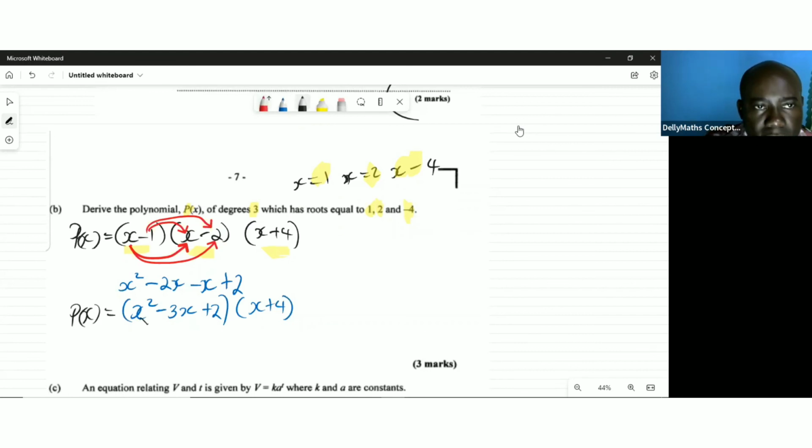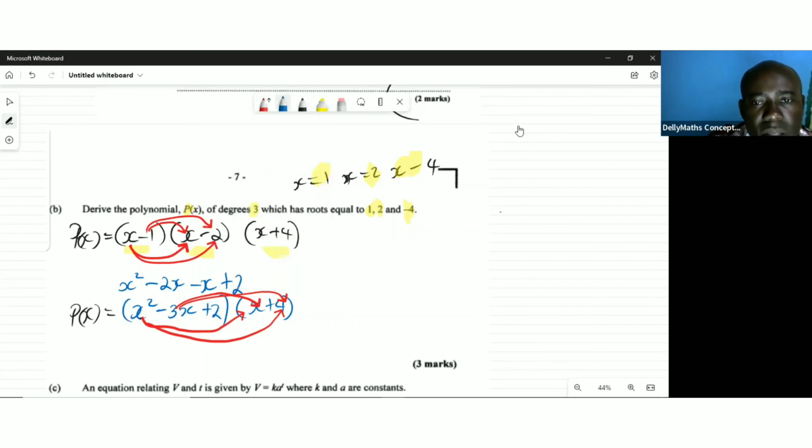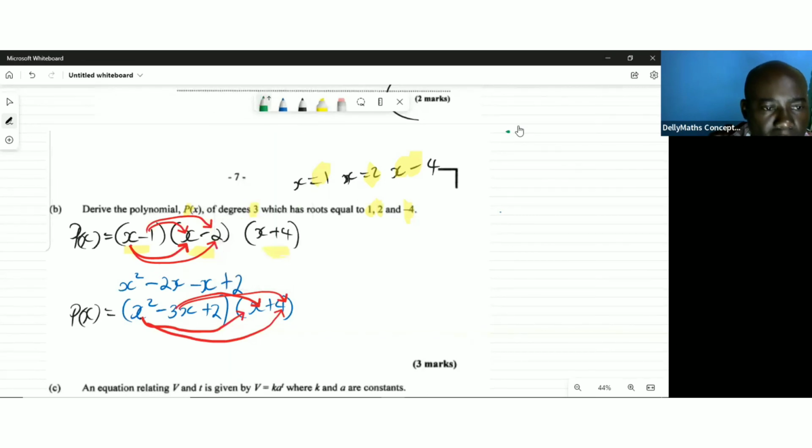This goes with that, then this goes with that, and then let me change the marker for this one. And the -2 goes with that, and then you go with that. So basically it's the same principle, everything goes with everything. So let's just take our time and do it, all right?